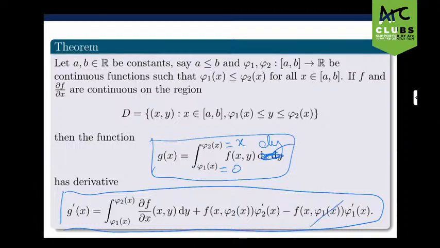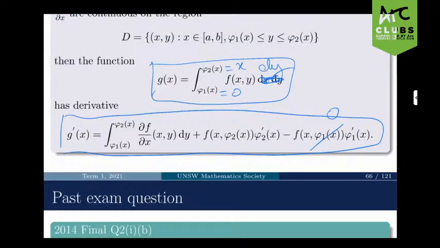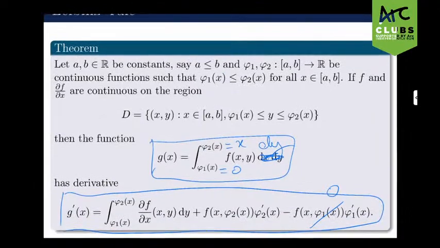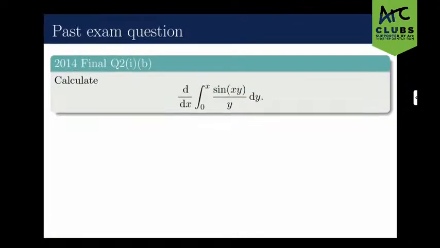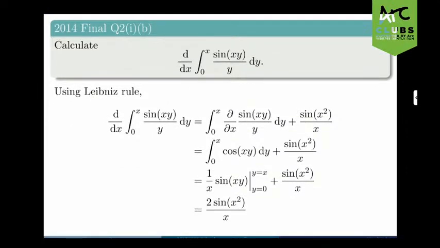That's just 0. Actually, was it 0? Yeah, it was 0. So we've only got these two terms left, and this term also happens to be 1 because it's just x, so the derivative is just 1. So I sub directly into that formula and I will get this.